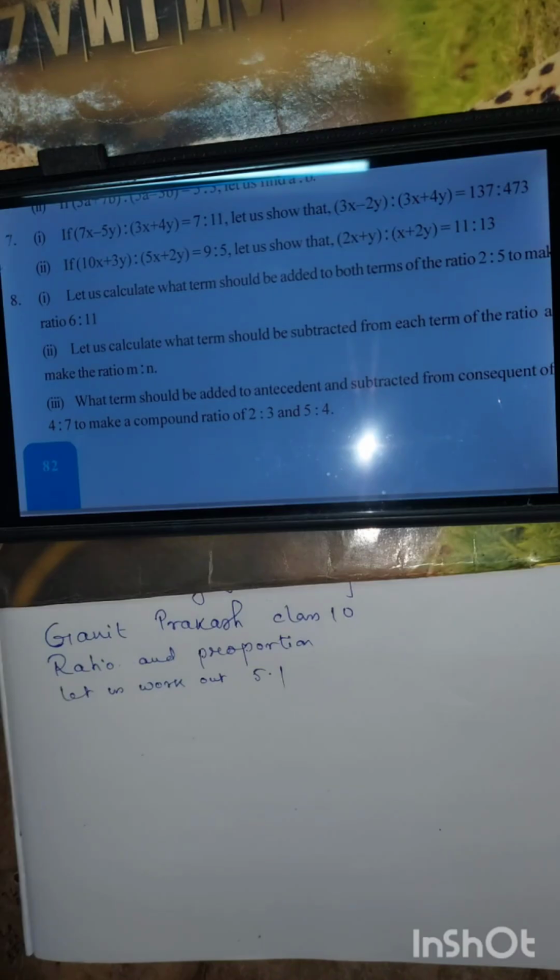Today we are going to solve from question number 7 of the exercise 5.1.